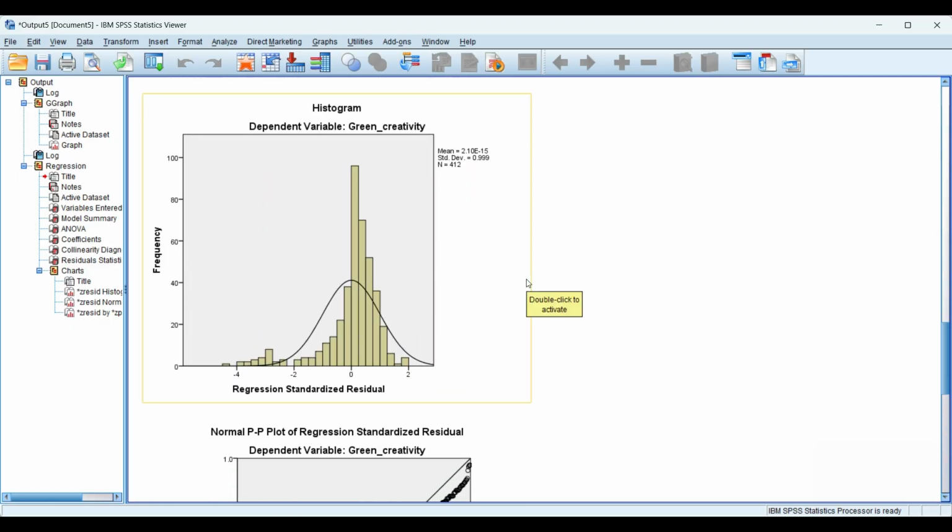The histogram is not approximately bell-shaped, because there is a strong concentration at 0 and a long tail extending toward the negative side as well.